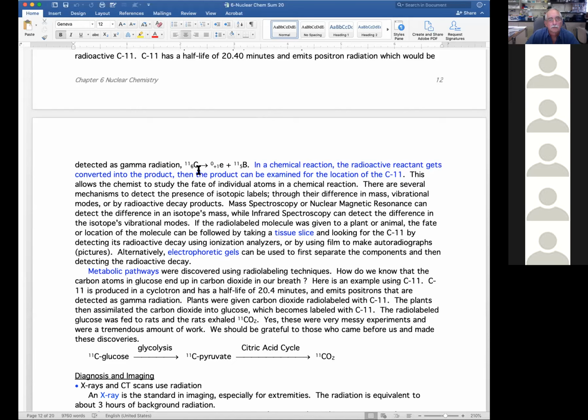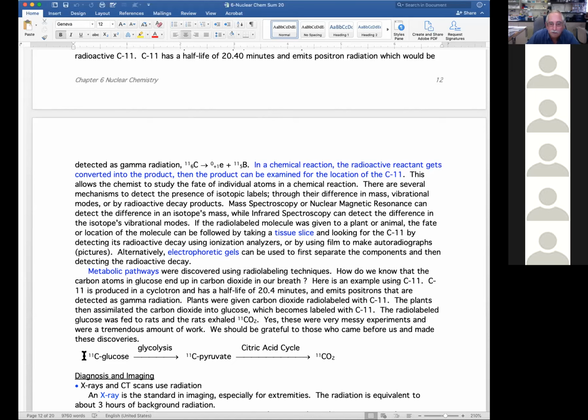So you take carbon-11, turn it into carbon dioxide, and give it to a plant. Now that plant's going to absorb the carbon dioxide and turn it into glucose. That glucose is now going to be radioactively labeled.